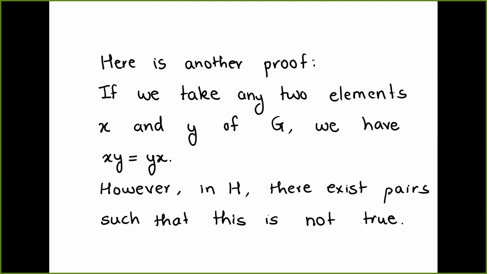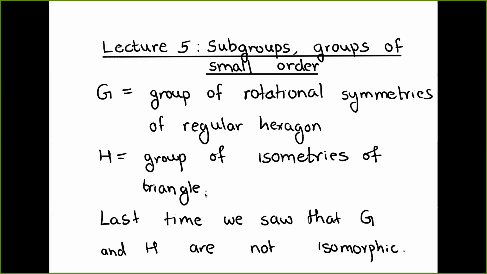But in H, in the group of isometries of a triangle, we know that this is not the case, that the order in which things are multiplied does matter. So if I take a reflection and a non-trivial rotation inside H, I know that the order in which they're composed does matter. If I compose them in the other order, I will get a completely different answer.